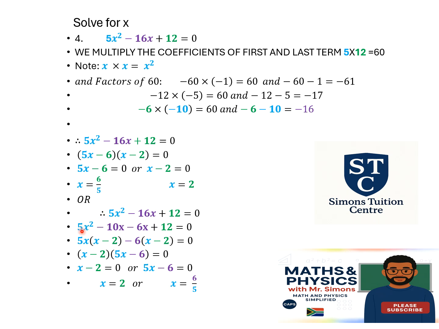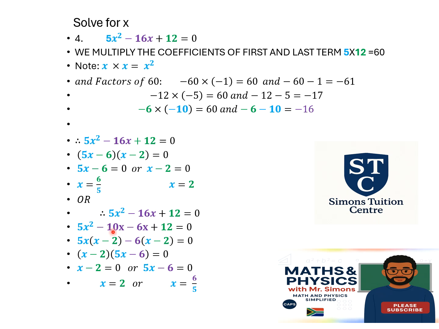If I take multiples of 5, 5, 10, 15, 20, you can see I can write 16 as negative 10, because 10 is a multiple of 5. And for 12, if I count multiples of 6, 6, 12, 18, etc., 6 can also go in 12. So minus 10 minus 6 would give me minus 16. But minus 10 is a multiple of 5, and minus 6 is a multiple of 6, 12, etc. Now, for those two terms, I look for a common factor.